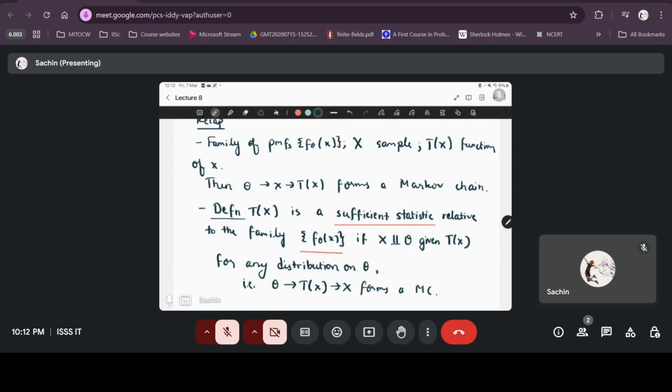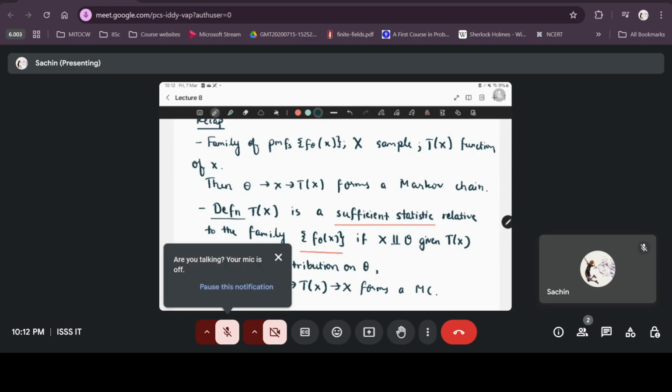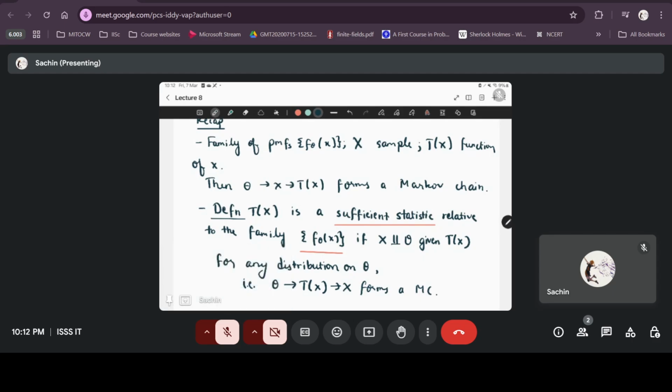In that case, you don't need to store your x or transmit your x if all you want is information about theta. You can store just T of x or transmit just T of x, and you will get the same amount of information about theta that you would get from x. So T of x is sufficient to know everything about theta. You don't need x anymore. You can discard x.